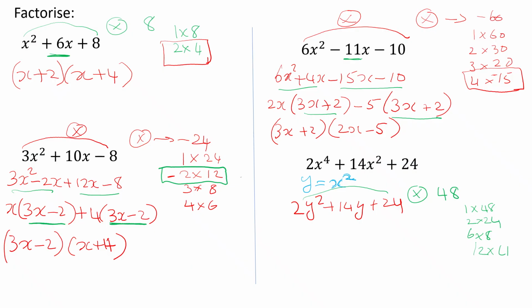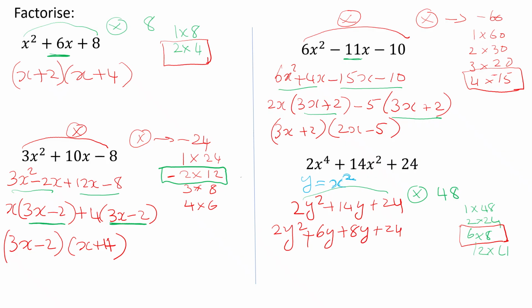If you add 6 plus 8, you get 14. So this combination is suitable for our factorization. So I'm going to write 2 times y squared plus 6y plus 8y plus 24.